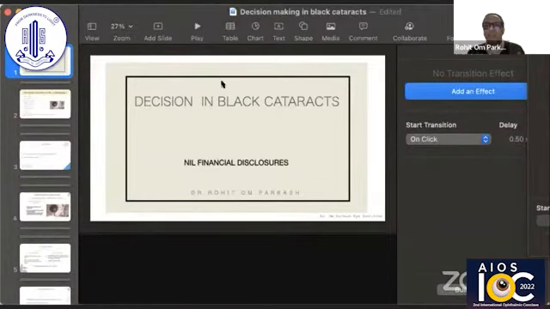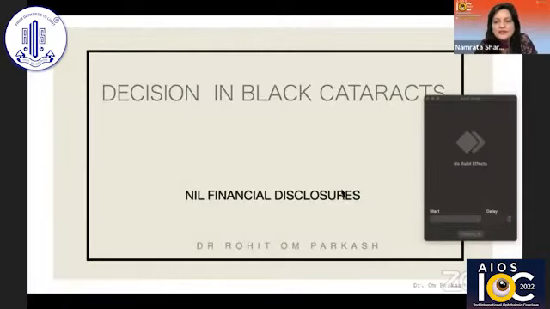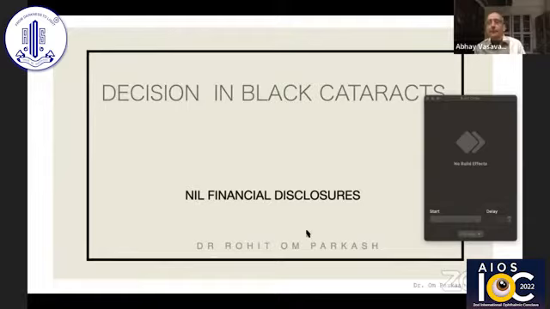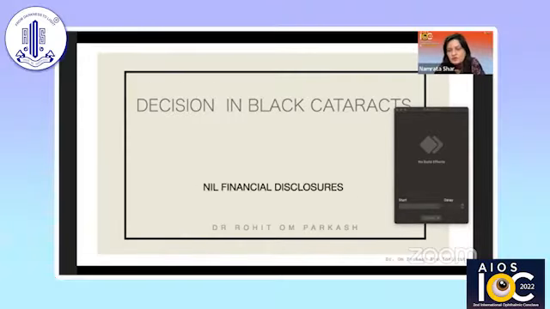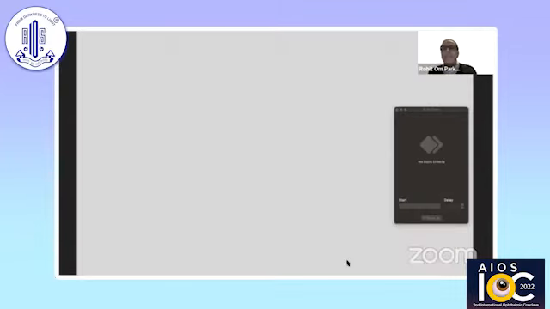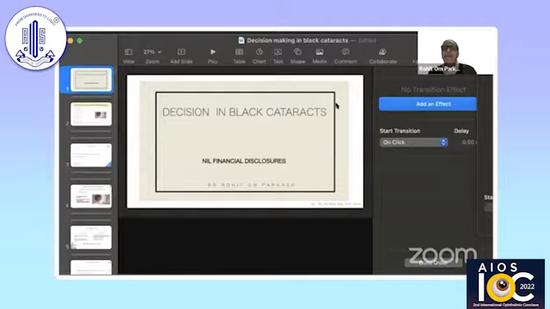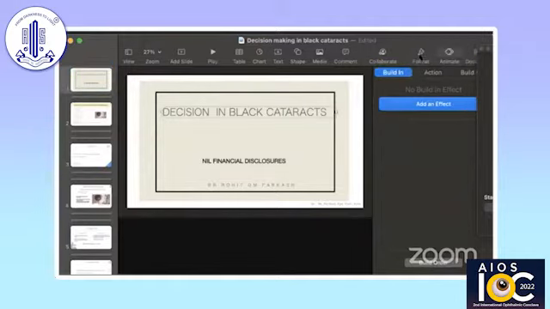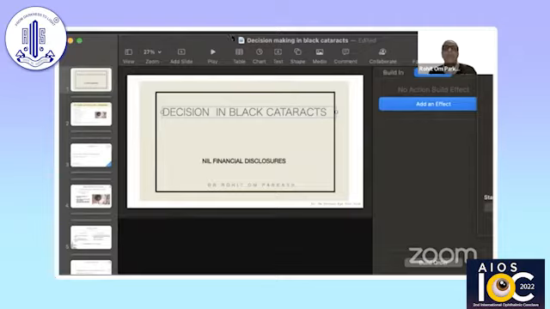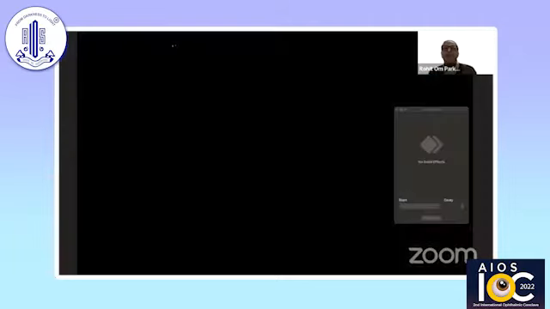It's in the side. That's okay, Rohit. You go ahead. Build order, no build effects. I think you need to switch off the transition effects. Yeah, I think I'll do that. Transitions. How do I do it? Sorry, we can't wait now to listen to your talk.